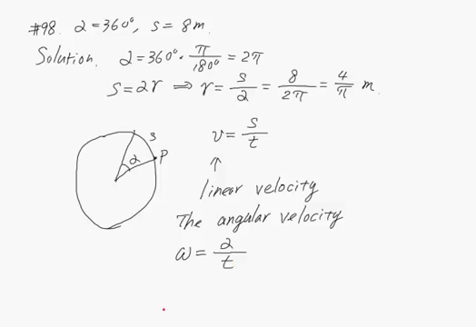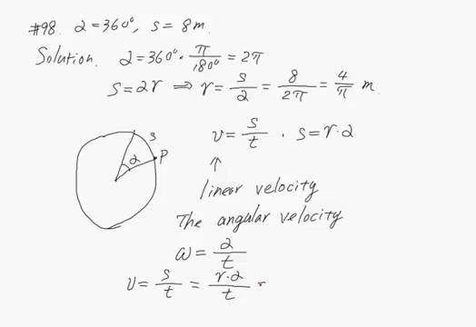So now, let's look at the relationship between the s and alpha. We know this arc s is equal to the radius times the alpha, right? So now, this linear velocity v, which is equal to s over t, if we replace s by r times alpha, then we get r times alpha divided by t.